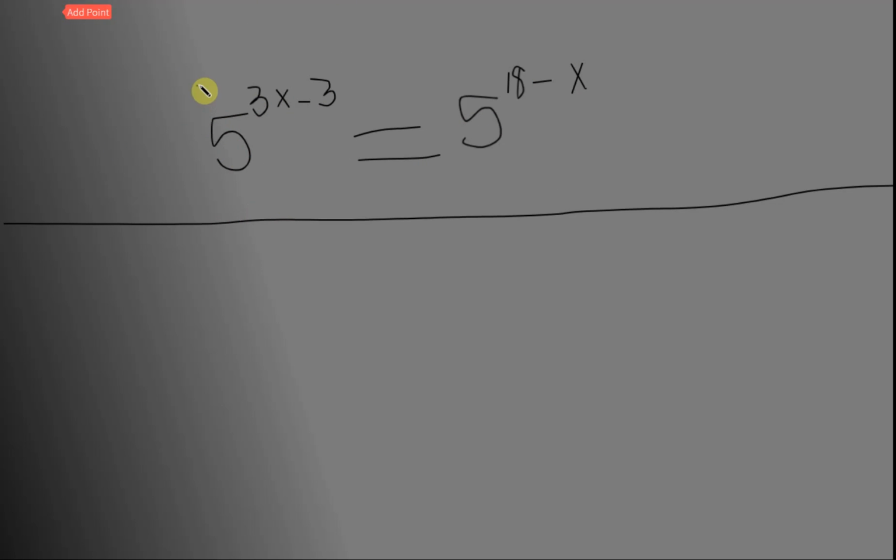What you do is, since they have the same base, cancel. Get cancelled. You don't need this. And so, because of this, you can do 3x minus 3 is equal to 18 minus x.